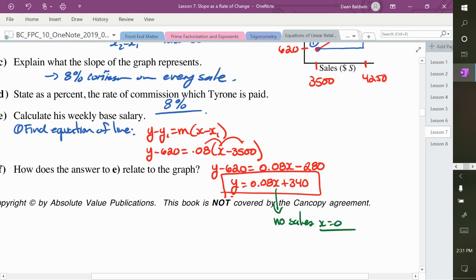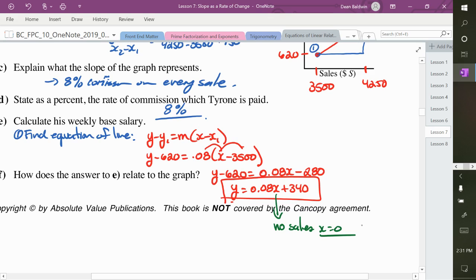He sold absolutely nothing, so he'd be left with $340. Therefore, his base salary equals $340 per week. I guess that's per week. Whatever. Okay.